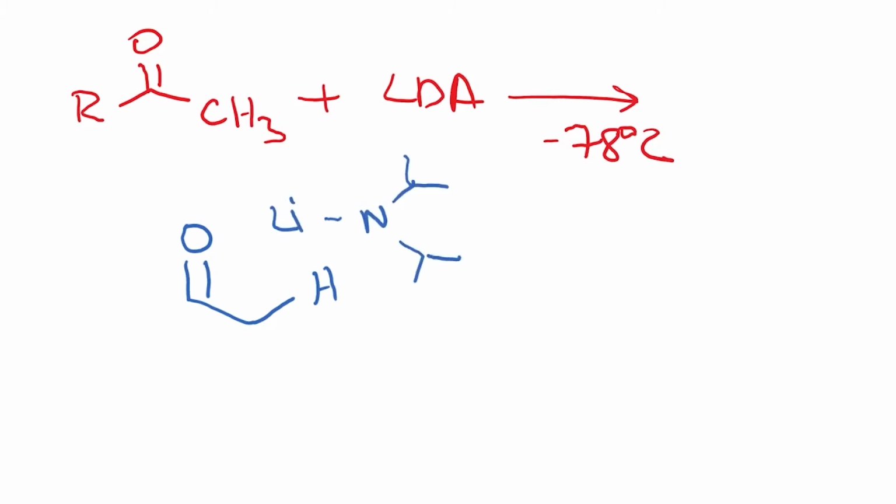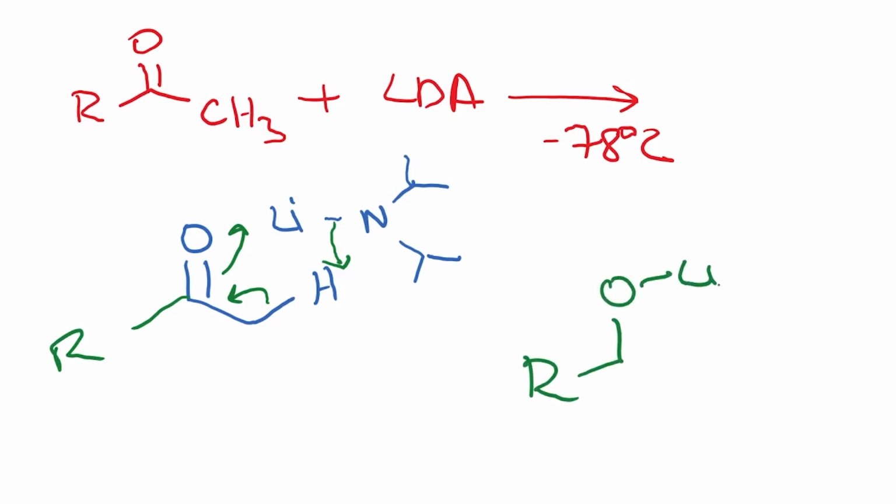And what can happen is you have the abstraction of hydrogen followed by the reaction of the oxygen with lithium, and you get the product as R O Li double bond. And of course, the byproduct is diisopropylamine.